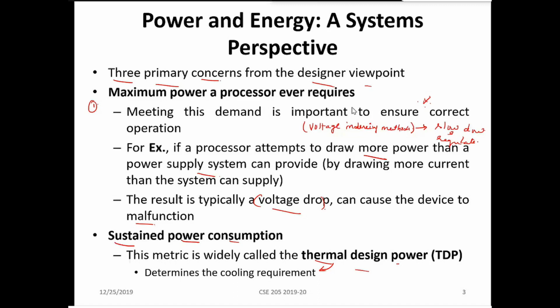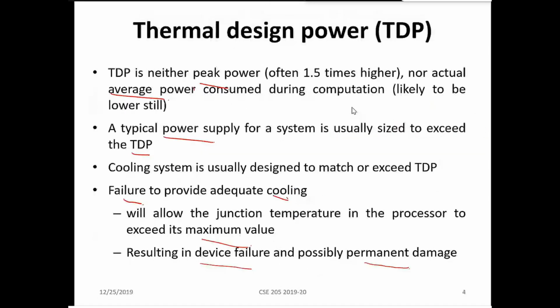The next one is sustained power consumption, wherein we need to design a metric called thermal design power. It is not like peak power or average cases. It is a metric wherein the power supply system and the cooling have to coincide with it. If the cooling is not good, it may result in device failure and may lead to permanent change.